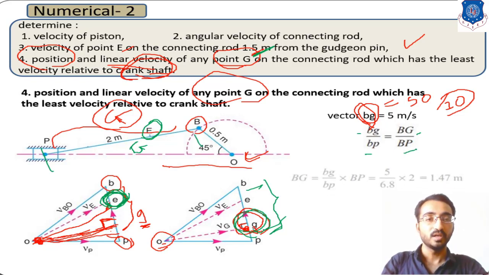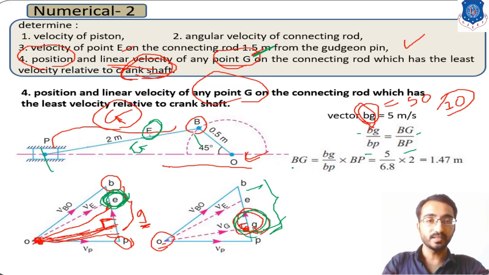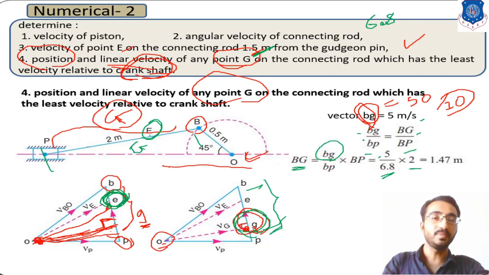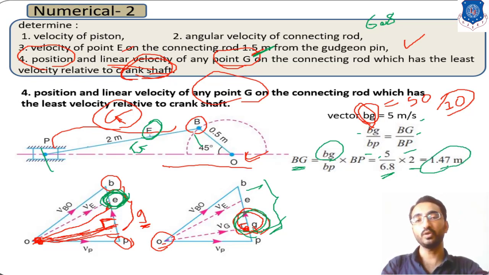Okay, so now in this equation you have to calculate the length of BG. So bg is equal to 5 meter per second, and bp we have calculated, that is equal to 6.8. We have used this value in your answer number 2. So 6.8 into your PB length, that is given as 2 meter, the total length. So from that you will get that it is at a distance of 1.47.